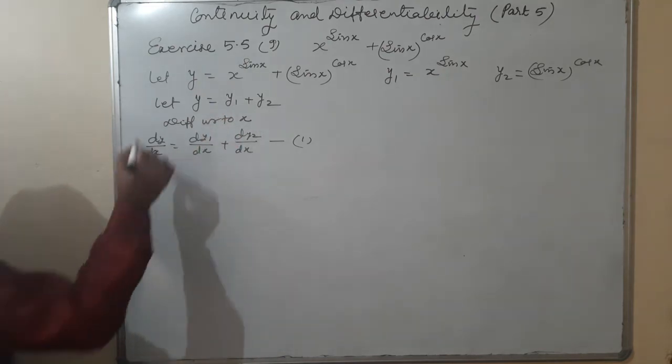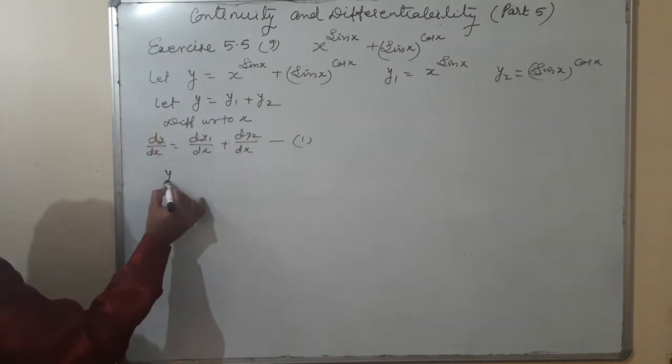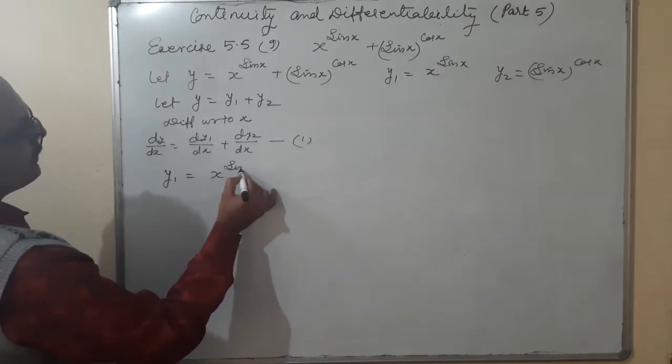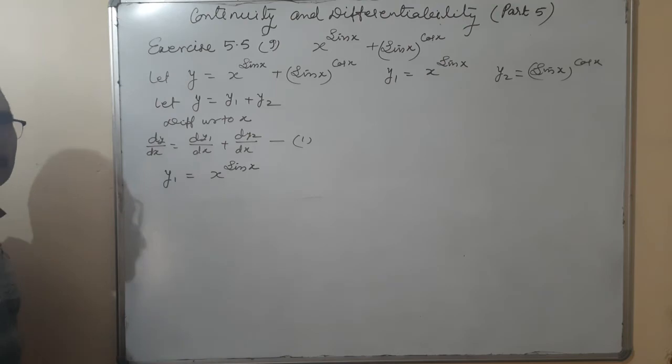dy1 by dx. y1 is equal to x to the power sine x. How to solve it?